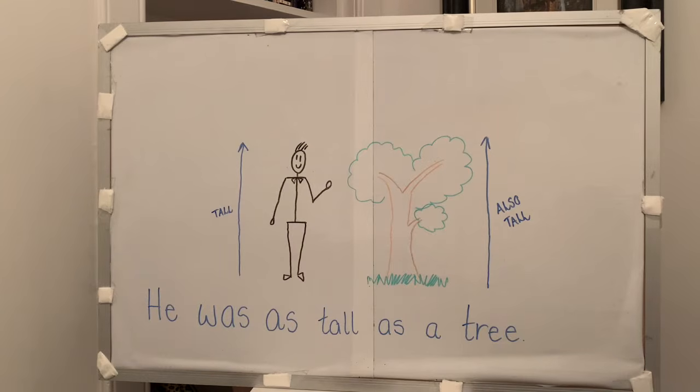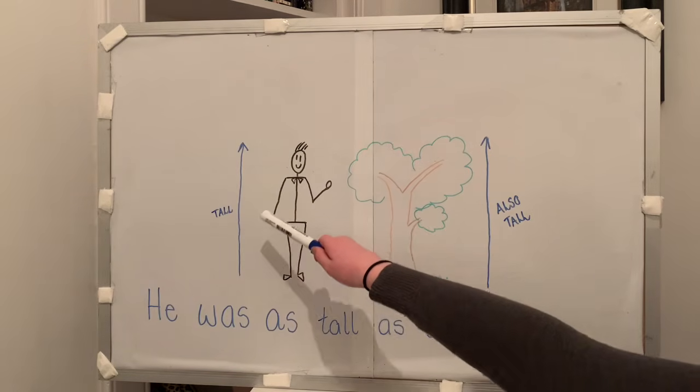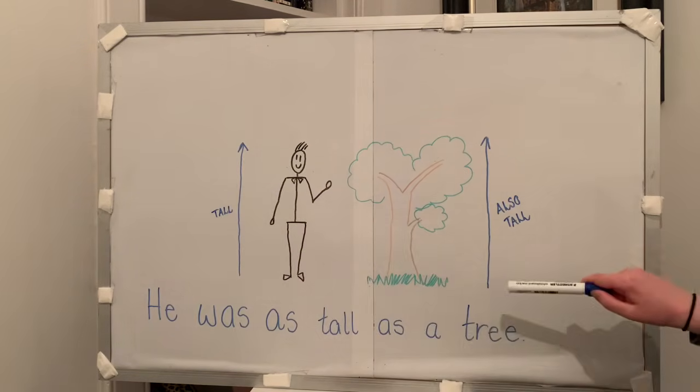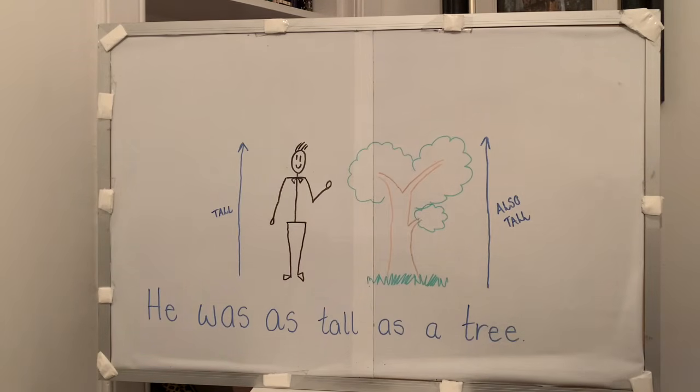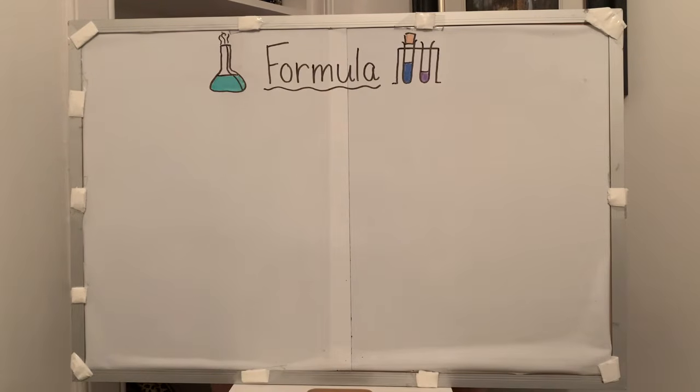So in this case, there is a literal meaning, the boy's height, and there is a figurative meaning, as tall as a tree. You will need to be able to identify a literal meaning and a figurative or made up meaning when it comes to actually answering these questions, which I will go on to show you now. So there's a couple of ways of answering this question.